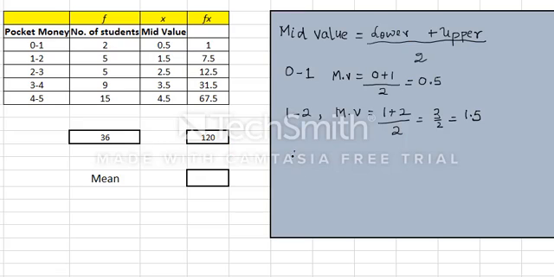Alright, so let us go back to the basic formula which we already know. Mean is going to be equal to summation fx over summation f, which means it is going to be equal to 120 over 36.